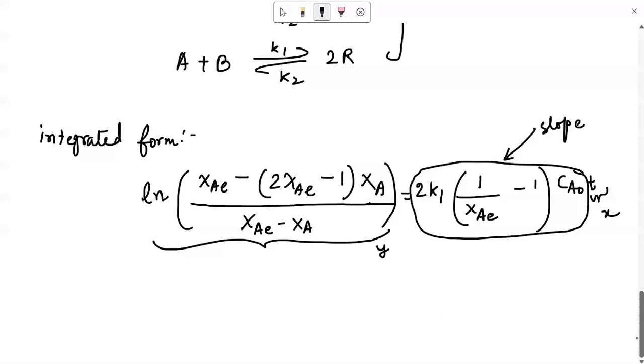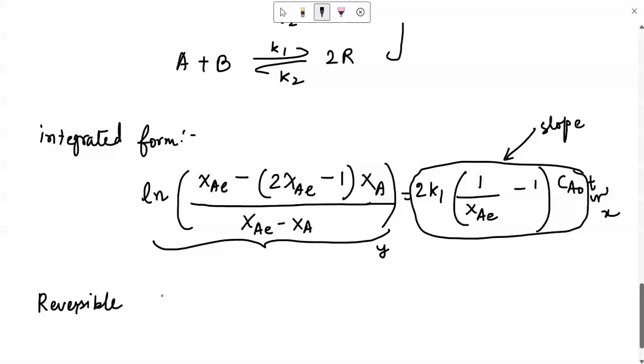Now the catch is that if your experimental data does not fit the integrated forms of second order reversible and first order reversible reactions, then obviously you have to consider reversible reactions in general. But obtaining that by integral analysis becomes very complicated, because now you have a higher order and a larger number of components involved.